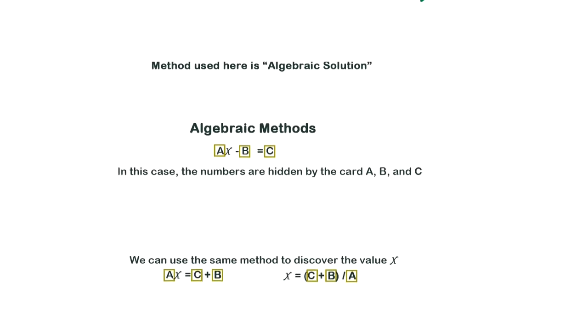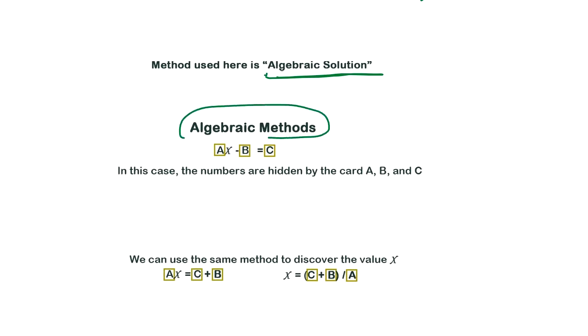So the method using equivalency, where we figure out the unknown value x, is the algebraic method. Using the algebraic method, we can get the algebraic solution. So ax minus b equals c. Wait a minute, what are a and b and c?